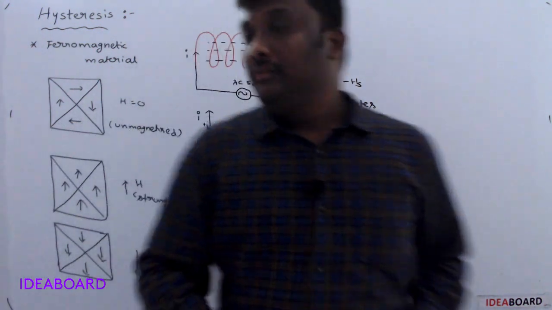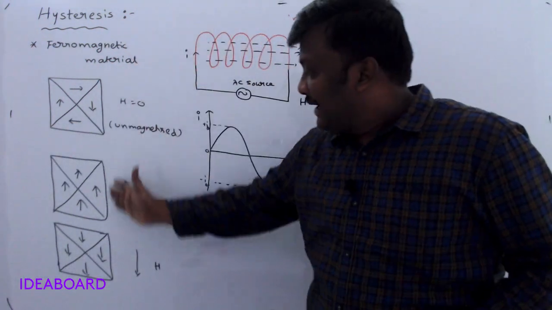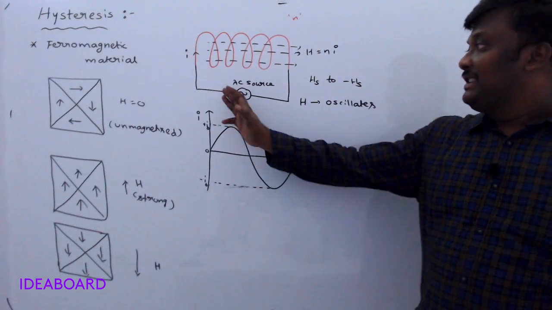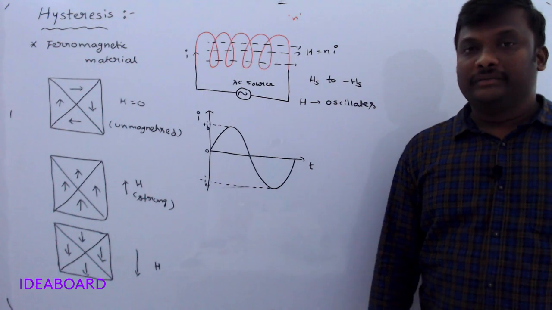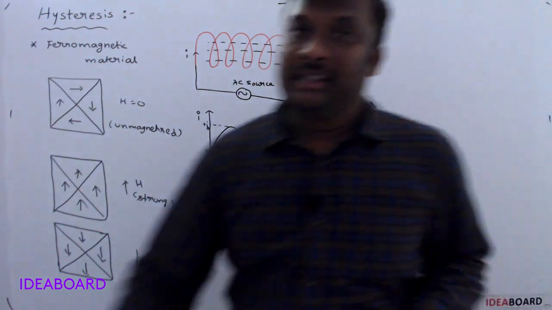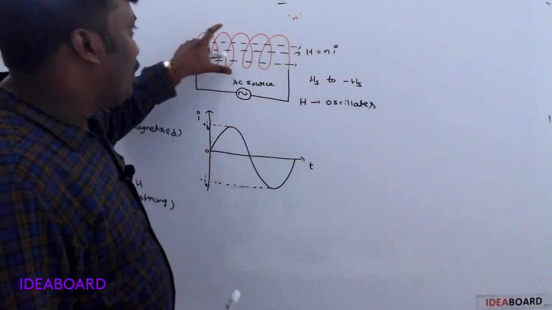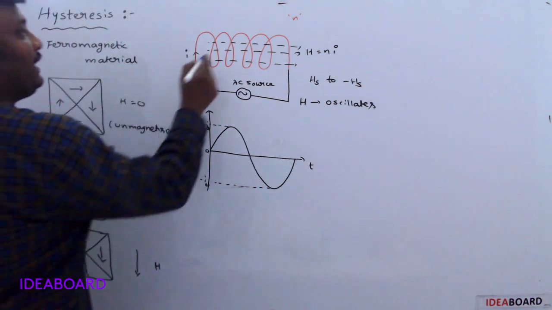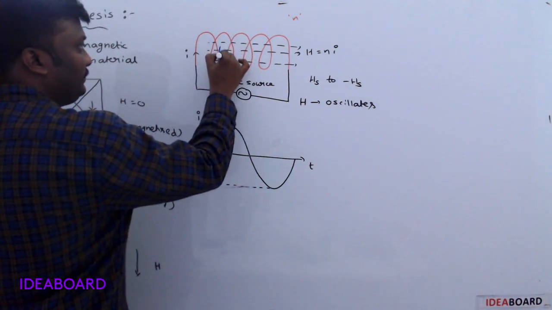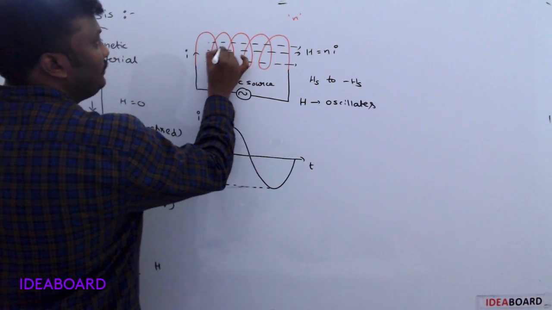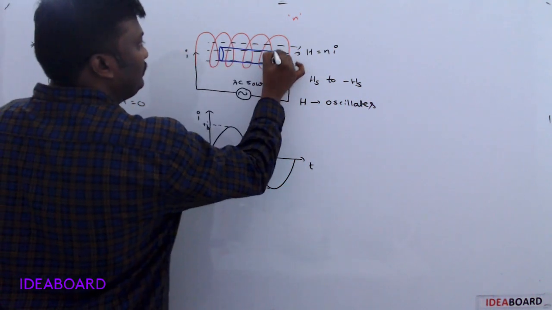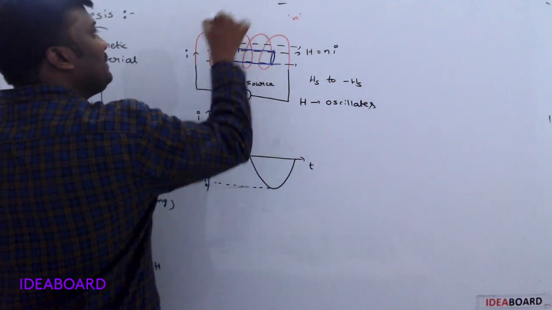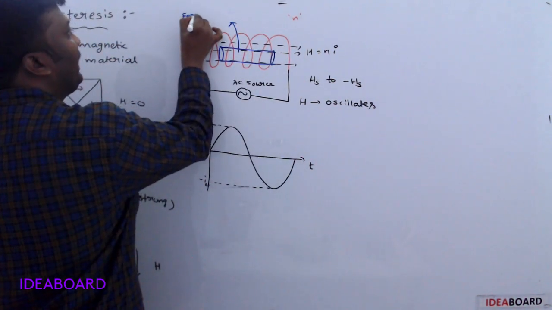Okay. Now this is about the ferromagnetic material and this is about the solenoid which is connected to the AC source. Now we are doing one thing. Within the solenoid, I would like to place the ferromagnetic material. This is the ferromagnetic substance.